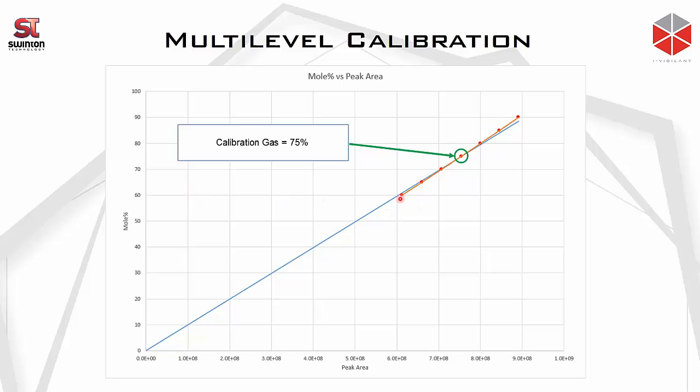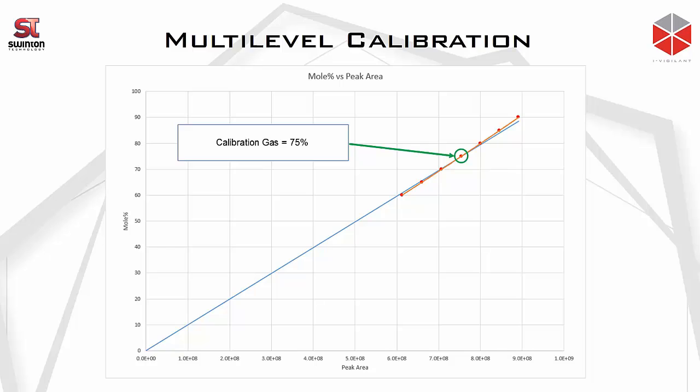But in the actual case, that particular peak area doesn't really correspond to 60%. The multi-level calibration creates a curve that is not necessarily the same as the single point calibration curve, so it introduces a bias in the system.